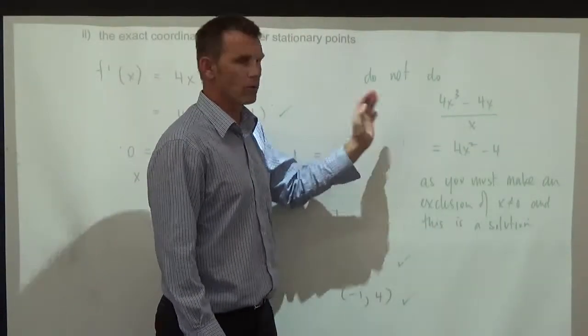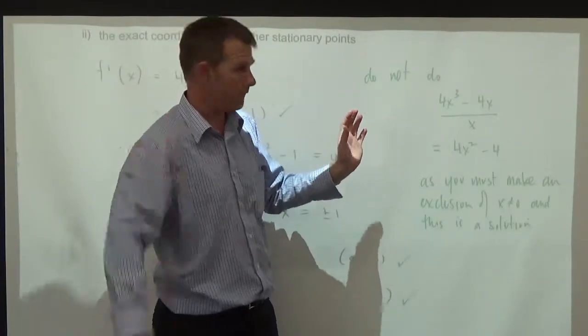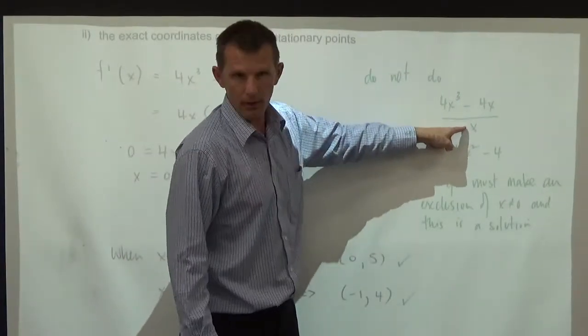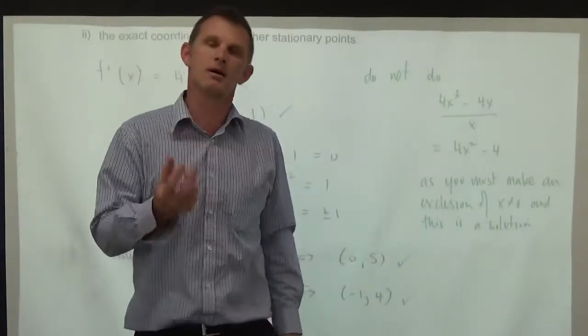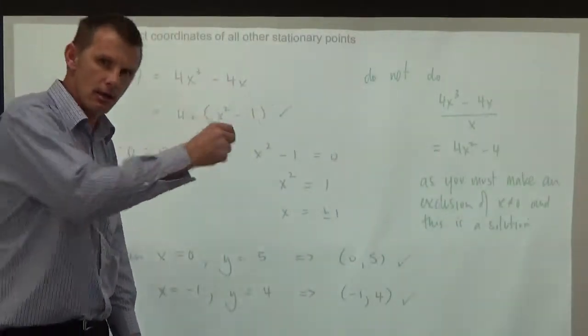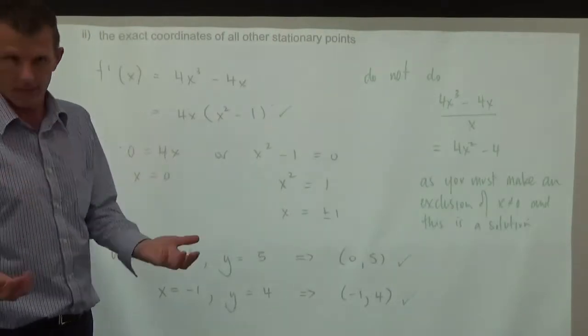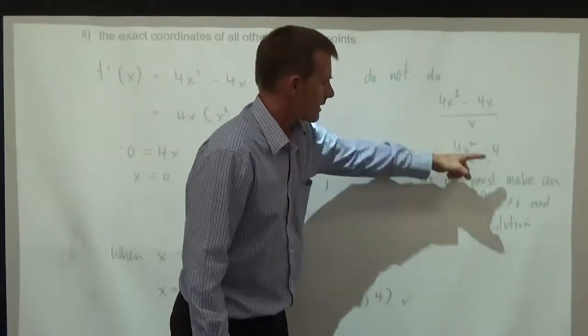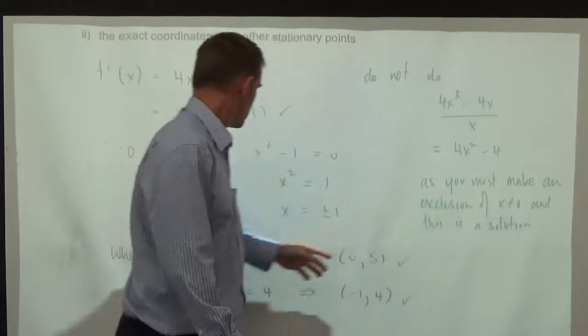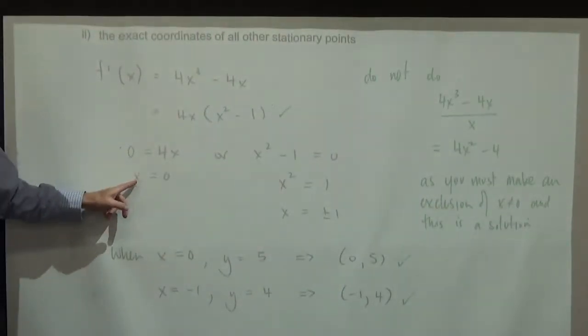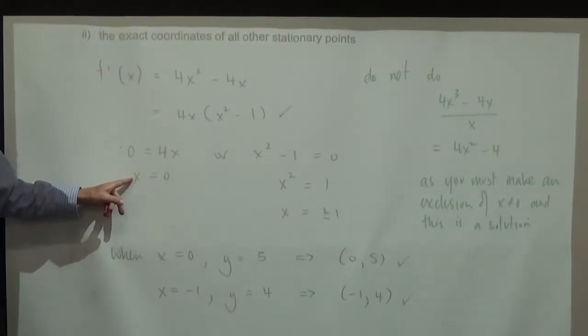The reason that will make you not get full marks for this question is that by dividing through by x, I must then state that x cannot equal 0 to avoid that case where it will be undefined. So if I say that x cannot equal 0, then you'll notice over here one of my solutions was x equals 0.